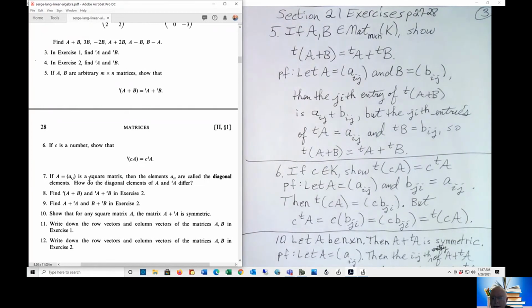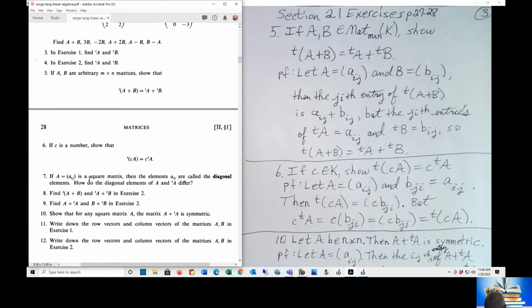If A and B are m by n matrices, show that the transpose of the sum A plus B equals the transpose of A plus the transpose of B. It's very intuitive. So let's just use our notation for the ijth entries. Let A be A_ij, let B be B_ij.